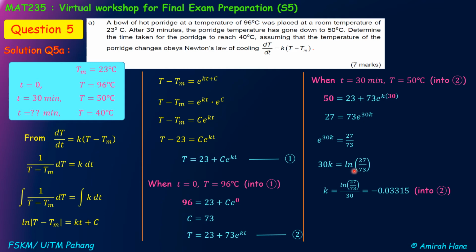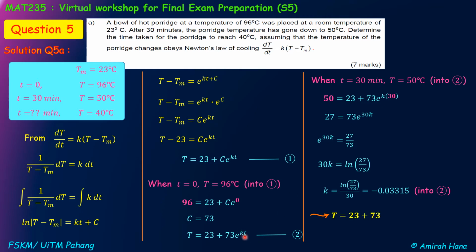k equals ln of 27 over 73, and then over 30, and it equals negative 0.03315. After that, we substitute the value of k into equation 2.